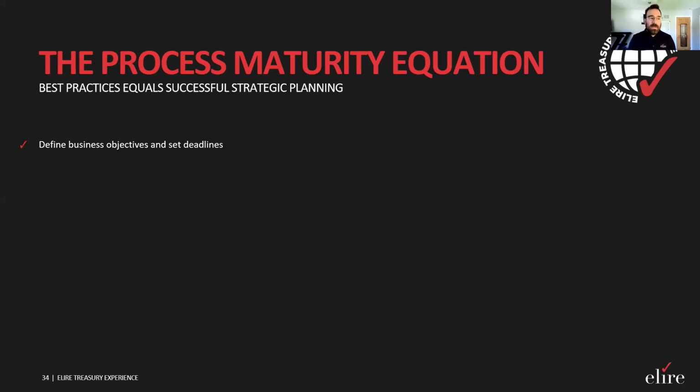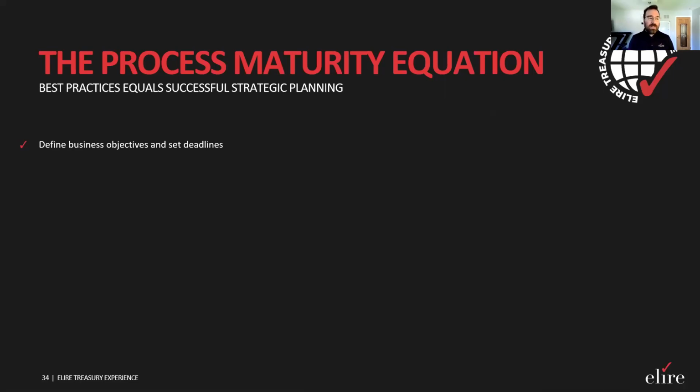When we talk about process maturity and how it relates to strategic planning, we want to define business objectives and set deadlines. You don't want to just quickly evaluate things.